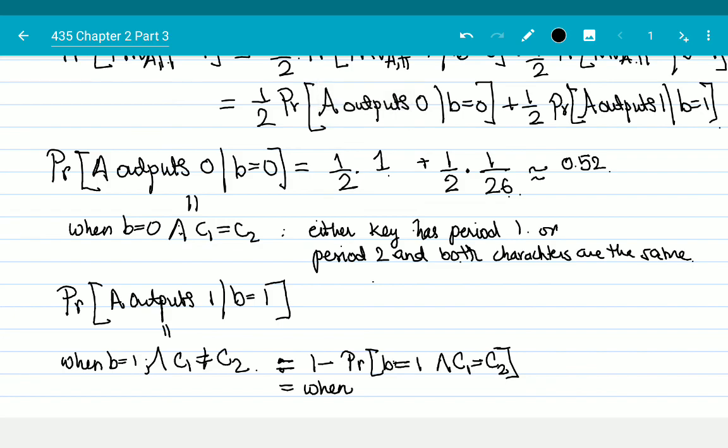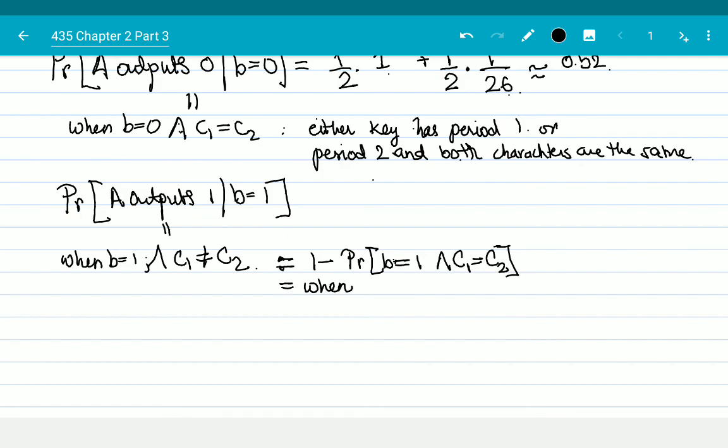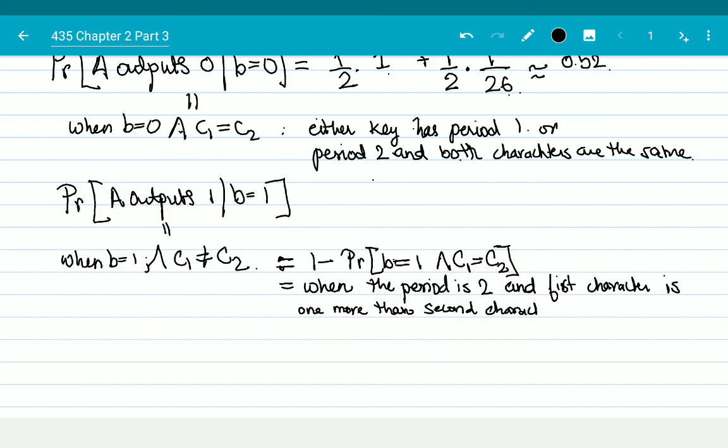When the period is 2, and the first character is 1 more than the second character, which happens in 1 over 26 cases.